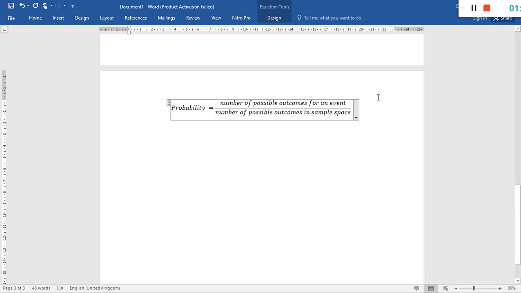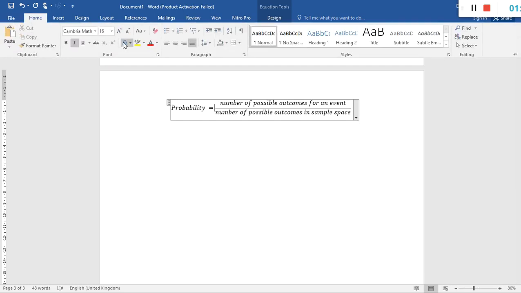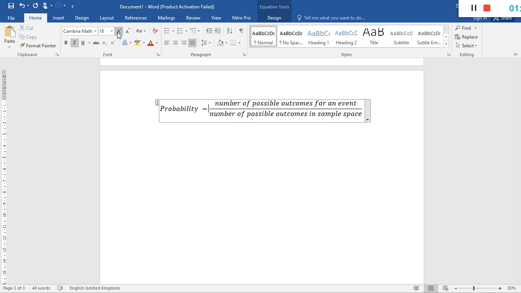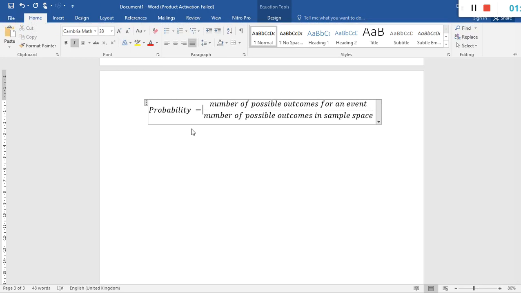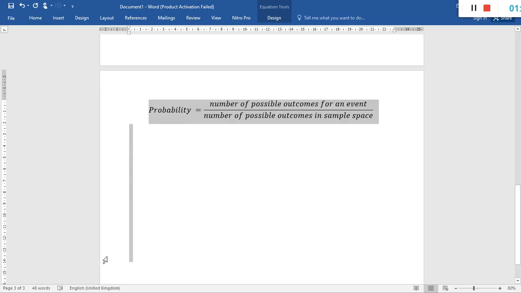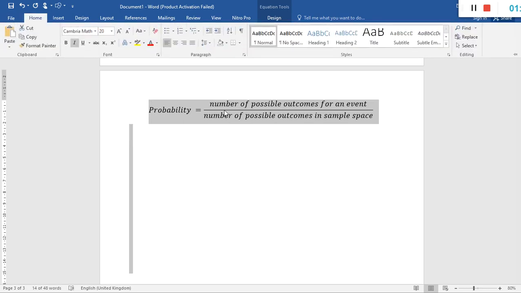So for the event of your ball landing in 8, the number of possible outcomes is what? It is 1. And so your probability would then be 1 over 38.